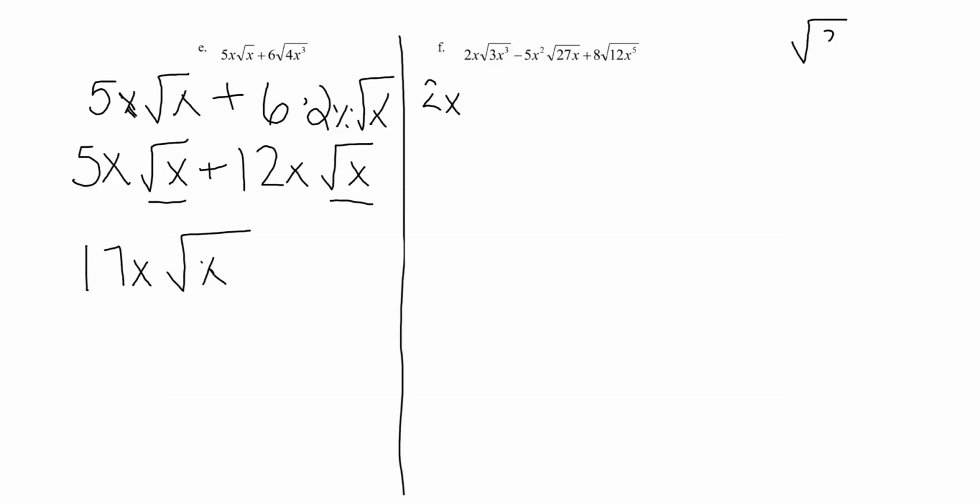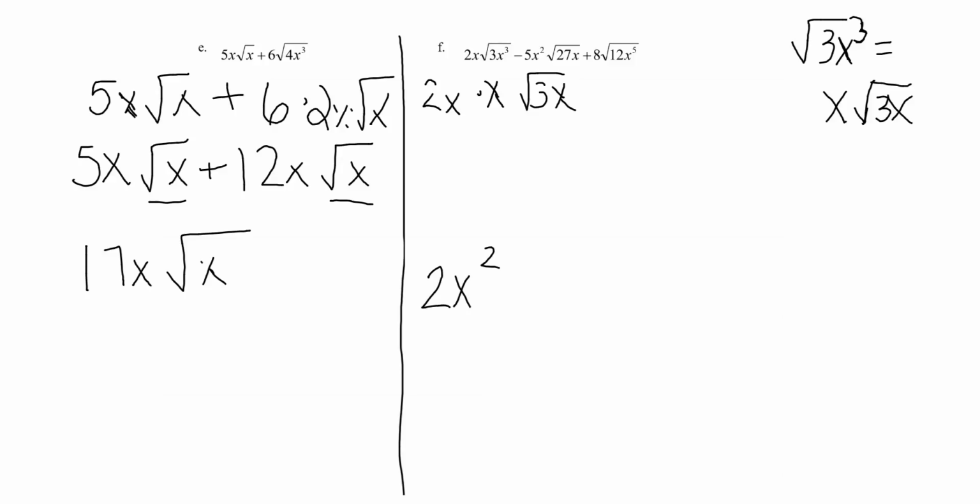My 3x cubed will become x times the radical of 3x when you simplify it. So I'm going to multiply that times my 2x. And that's going to give me 2x squared times the radical of 3x.